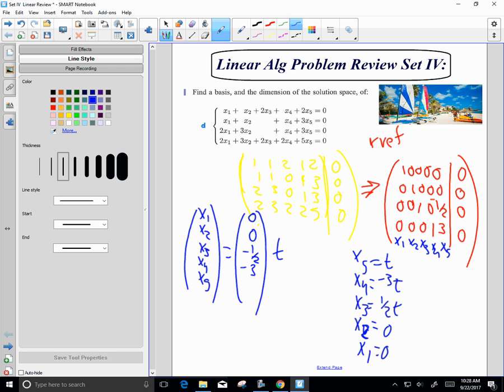And x5? Yeah. This is the solution space. Isn't that cool? Come on, that's cool. You just did it. But what's really neat about this is that you have a basis now of this. This is my basis: 0, 0, negative 1 half, negative 3, 1.